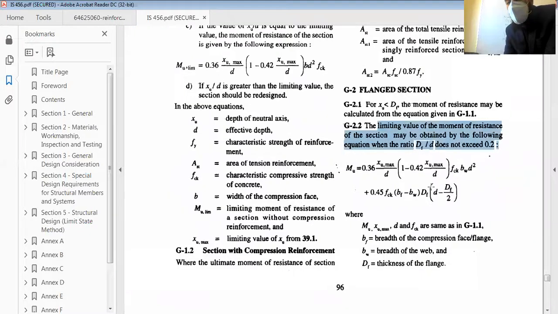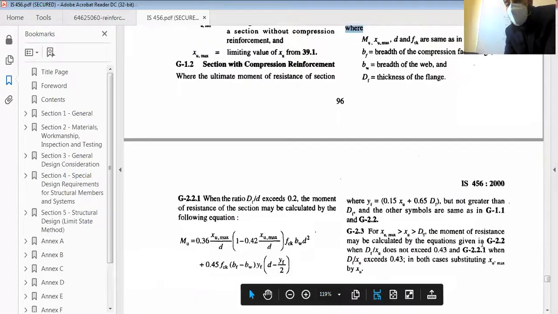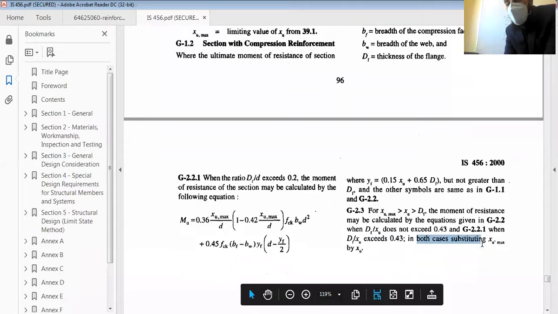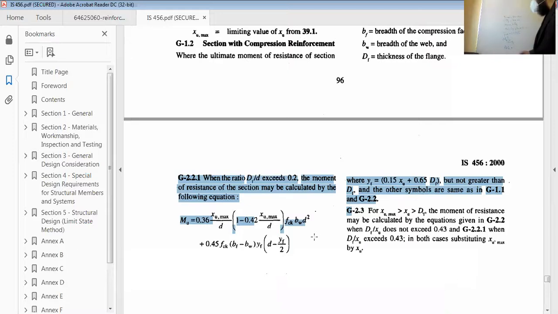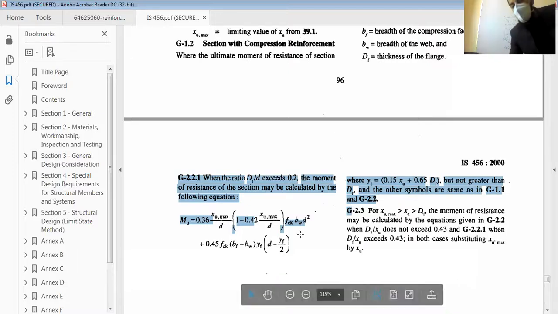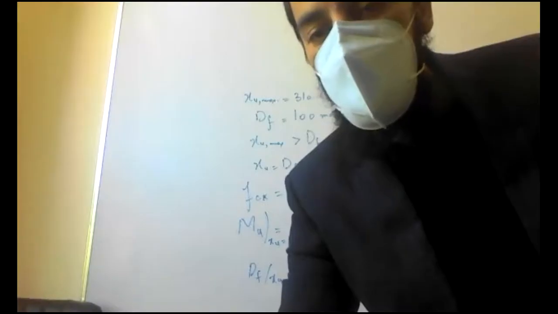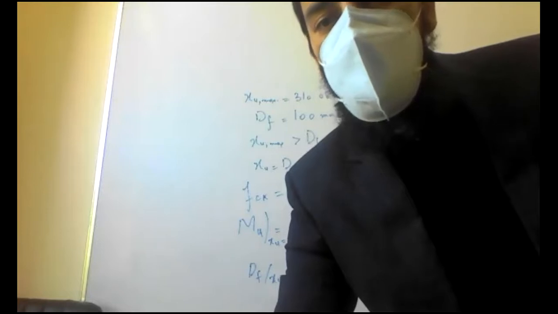But when it exceeds 0.43, in both cases, you just need to substitute XU max by XU in the same equation, G 2.2. That's what you have to do as per the code.